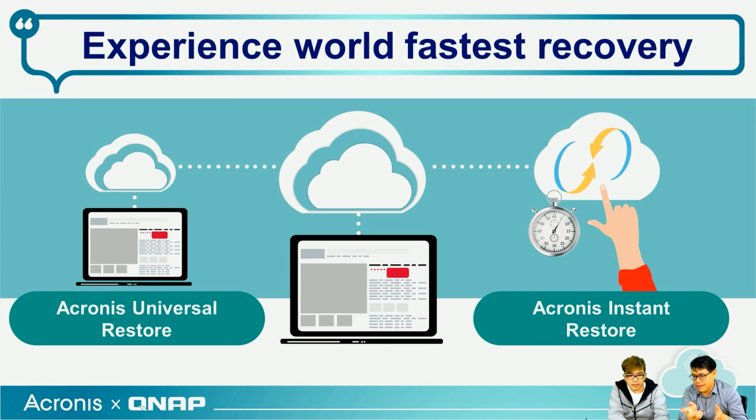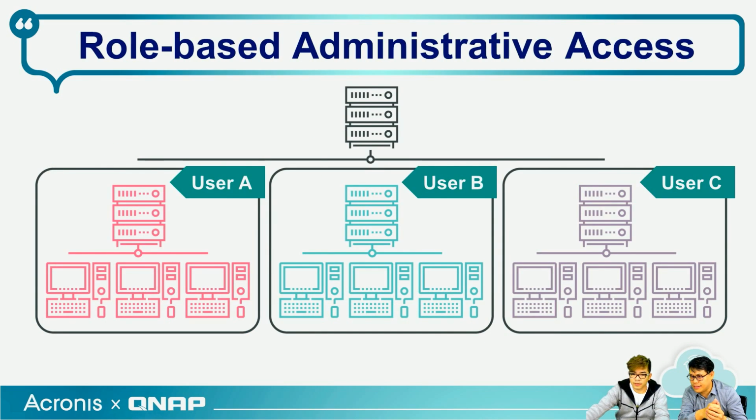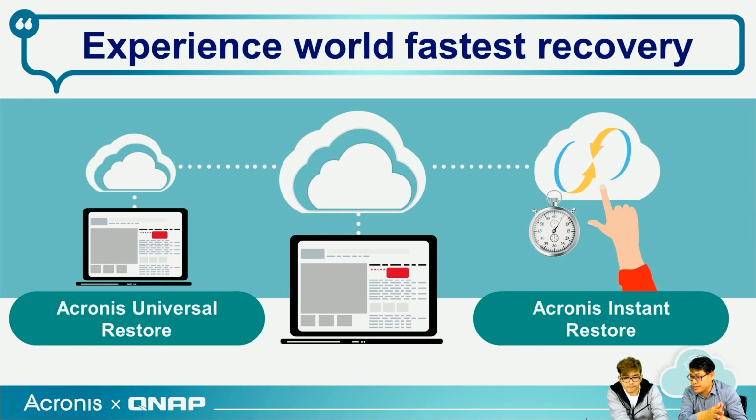And about the Acronis Instant Restore, as I mentioned, we could convert the backup data, the backup system, into a VM. So while the disaster happened, we can just recover the service by mounting the VM directly. Oh, understand. So it's very fast. Yeah, especially when using QNAP VM, it's really fast.